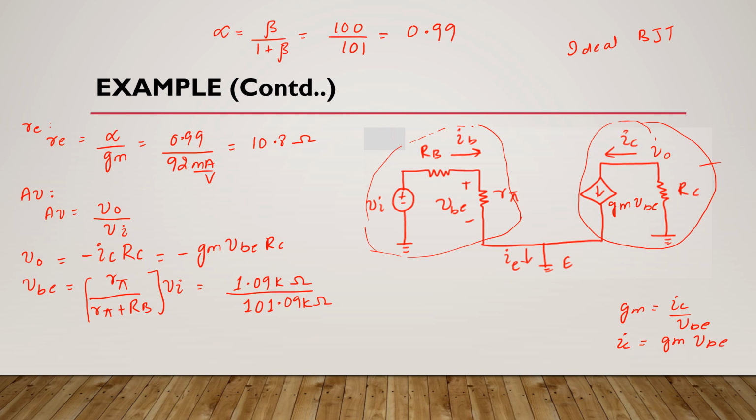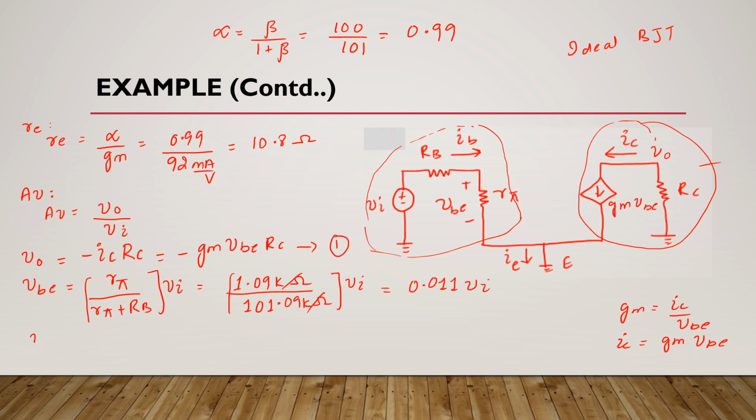Here we have VI. Now this kilo ohms is going to cancel this kilo ohms. So this VBE is equal to 0.011 VI.